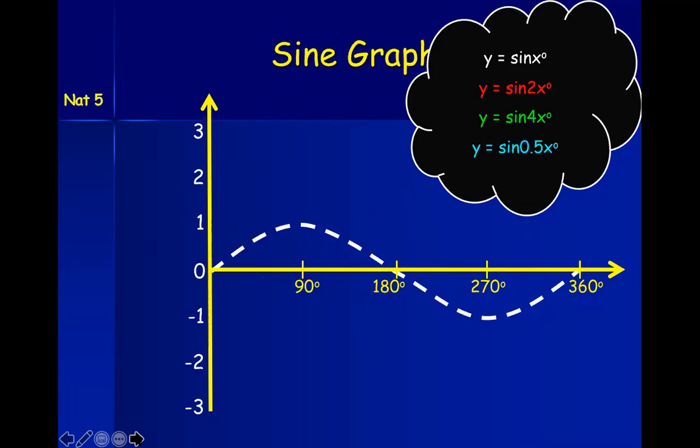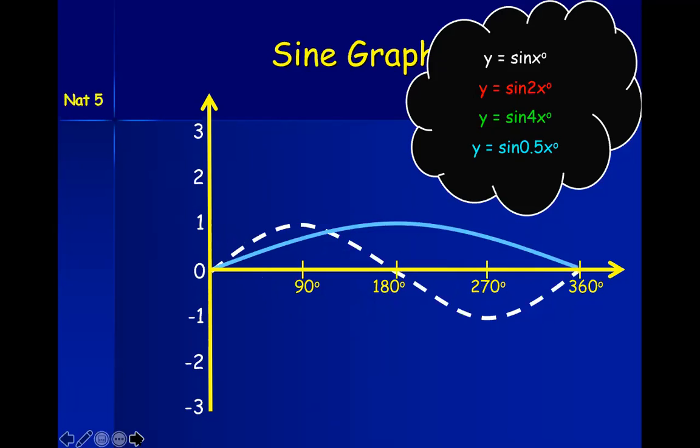So if we're asked to draw this time sine of one half x, remember we were drawing 4 within 360. Now, because we've changed to less than 1, we need to draw half of a cycle within 360. What would that look like?